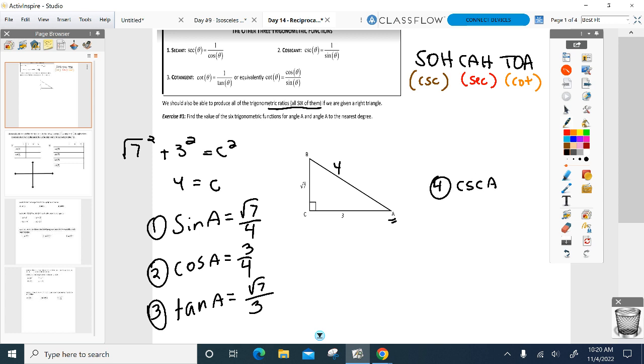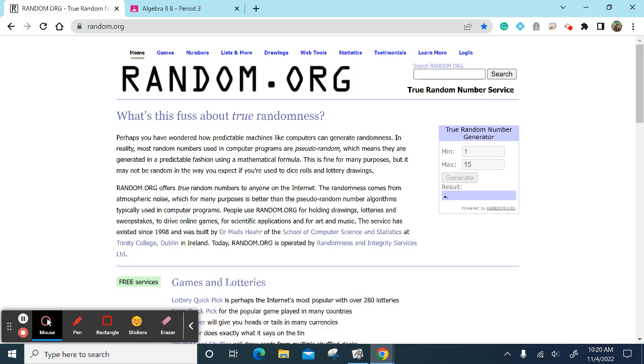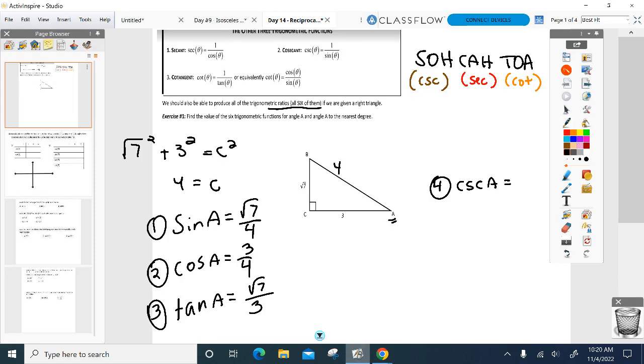Cosecant A. Now, I could go up here and do hypotenuse over opposite, or you can take what value here and flip it. What's cosecant related to? Which one of these 3? Sine. So all I got to do is, if I did the sine value right, flip it and get 4 over radical 7.